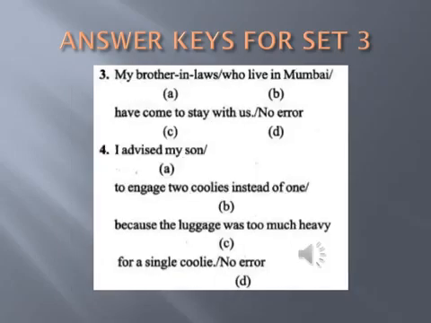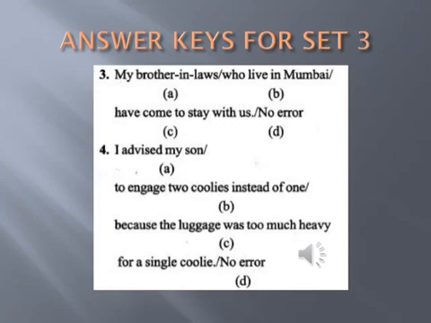Let's discuss the answers of question number 3 and 4. Third one, what is the answer? A. My brother-in-laws who live in Mumbai have come to stay with us. It should be my brothers-in-law. Whenever we are using a compound noun, what will be its plural form?